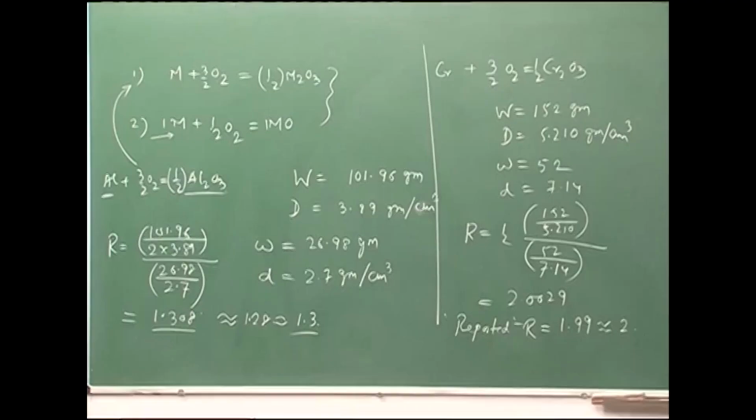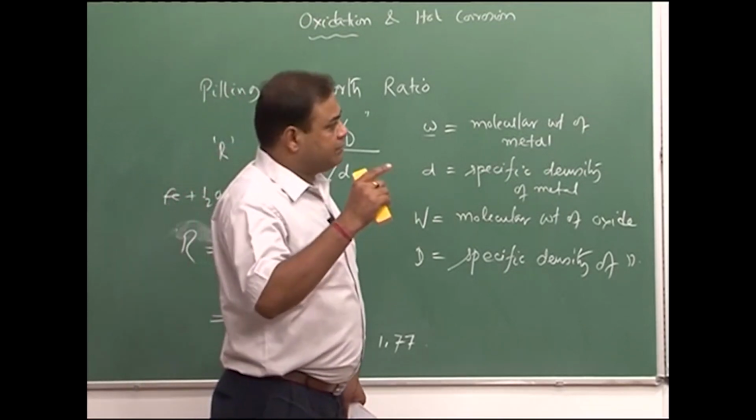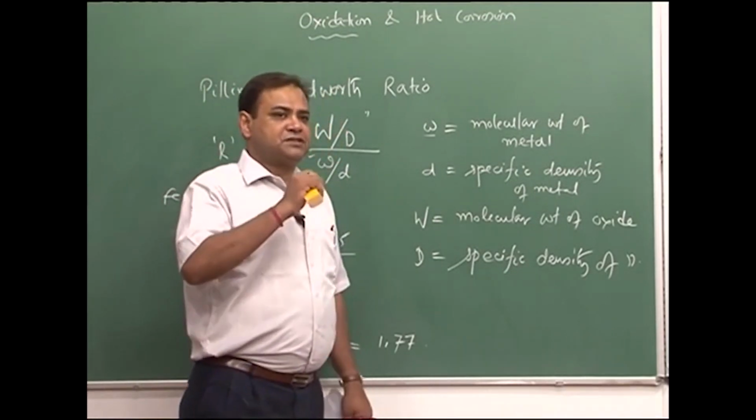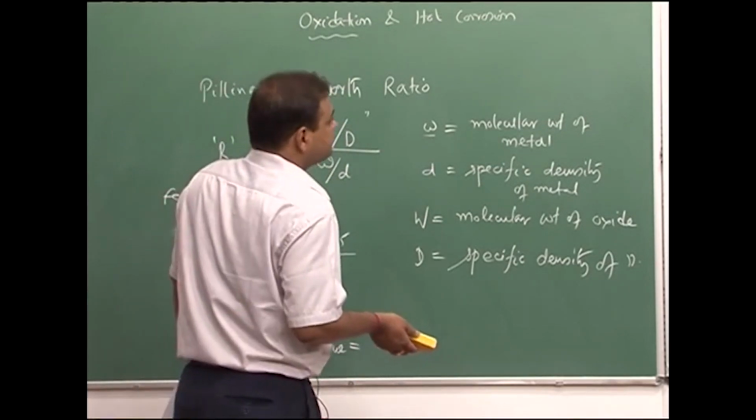Previously, there was an understanding that the oxide provides a sort of protective layer where the contact between oxide and metal is disrupted or disturbed. That is where the resistance comes.